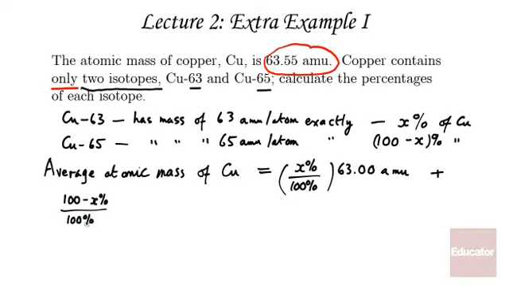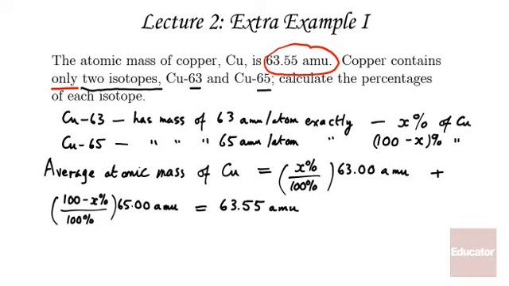That's the fraction that is copper 65, of mass 65.00 AMU. And we know what the sum of those two numbers must be: the average atomic mass, which is 63.55 atomic mass units.